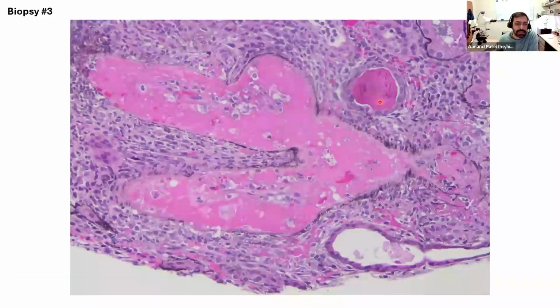And then I have one more example of a vessel, which is, again, pretty difficult to recognize because of how heavily disrupted it is, but you can make out a little bit of a wall here. And this is just completely filled in with all this eosinophilic material and cells.